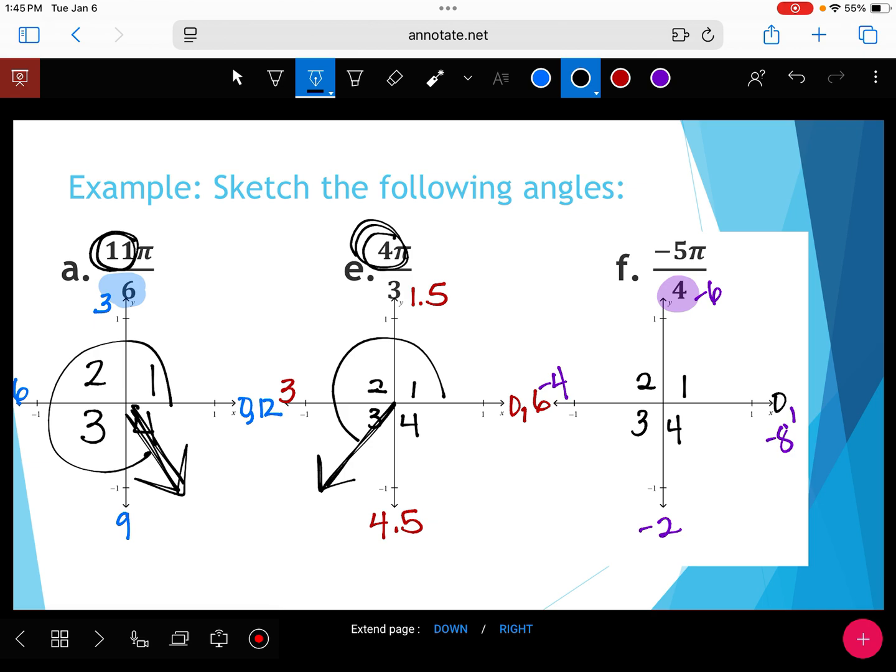If you think it's between negative 2 and negative 4, you would say 3. If negative 5 is between negative 4 and negative 6, you would say 2. But if negative 5, in your opinion, falls between negative 6 and negative 8, you would say 1.